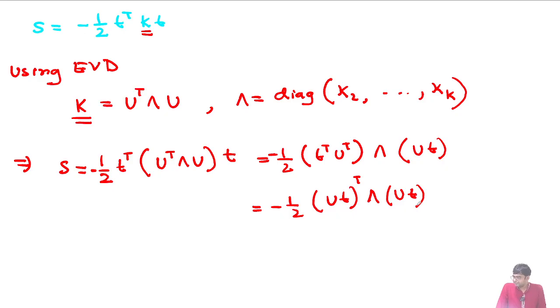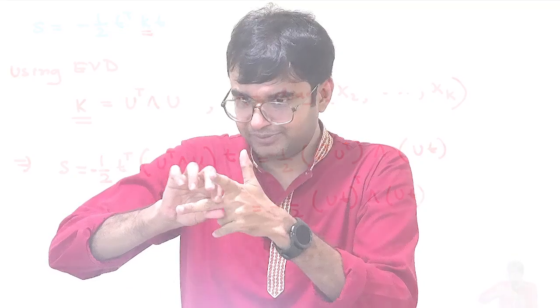U is your eigenvector, and when you multiply by t, it kind of rotates t in the tangential plane. So if you have three axes like this, suppose this is your normal alpha, about alpha you are rotating this in the tangential plane, because these two are forming the tangential plane in this case.